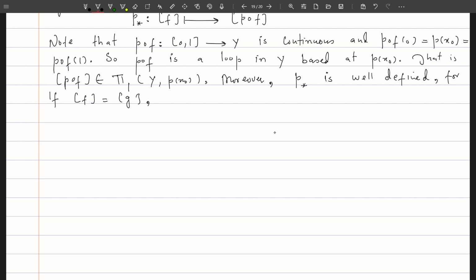If these two homotopy classes are the same, that means f and g are homotopic. So then f is homotopic to g, and hence there exists a homotopy, say H, between f and g.